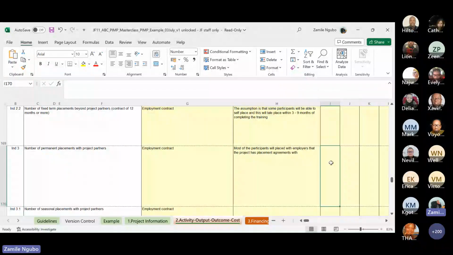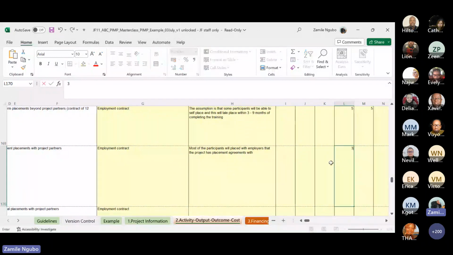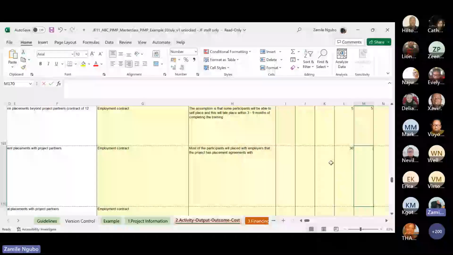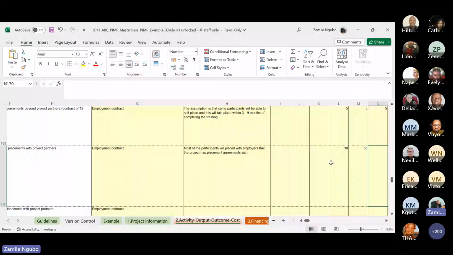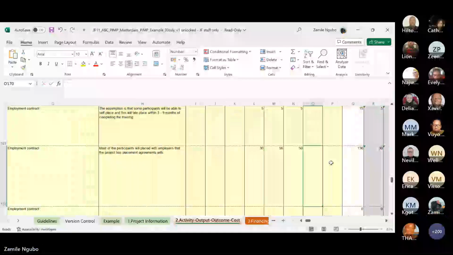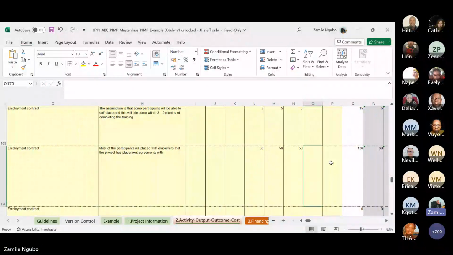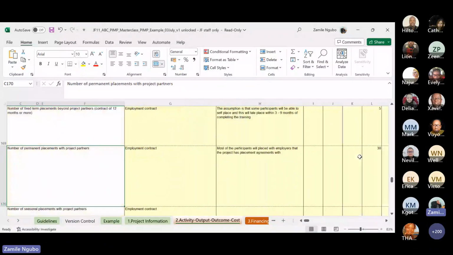So they will be able to employ 30 in the 4th quarter, 56 in the 3rd quarter, 50. So this will give us now 136 that the project is contracted to deliver on for the duration of the project lifespan.